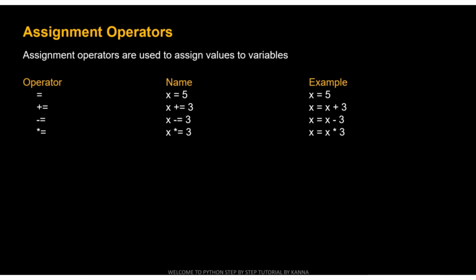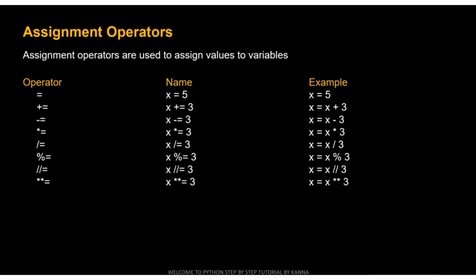We are multiplying 5 with 3 and storing the result in x only. We can represent this in another manner also, x *= 3. Both are the same. Divide and assign, modulus and assign, floor division and assign are similar to these operators.